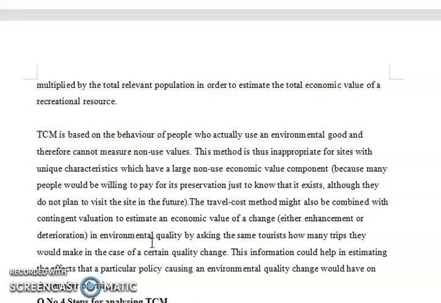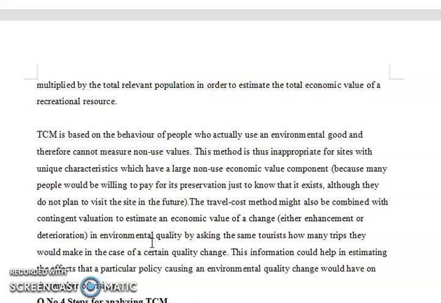The travel cost method might also be combined with contingent valuation to estimate an economic value of a change, either enhancement or deterioration in environmental quality, by asking the same tourist how many trips they would make in the case of a certain quality change.